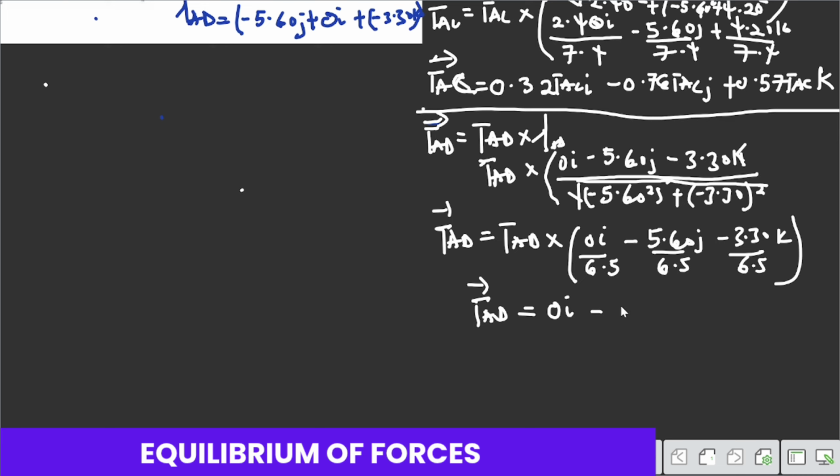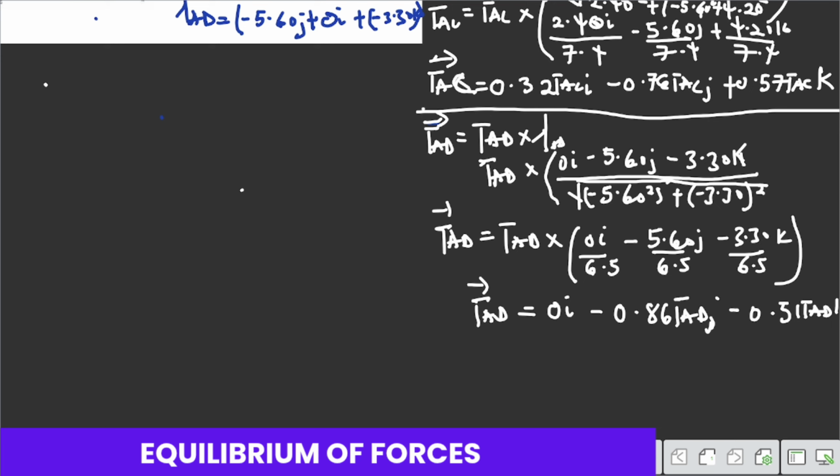We're going to have negative 0.86 TAD J. Then lastly, we multiply this TAD by the whole of this, which we are going to get negative 0.501 TAD K here.